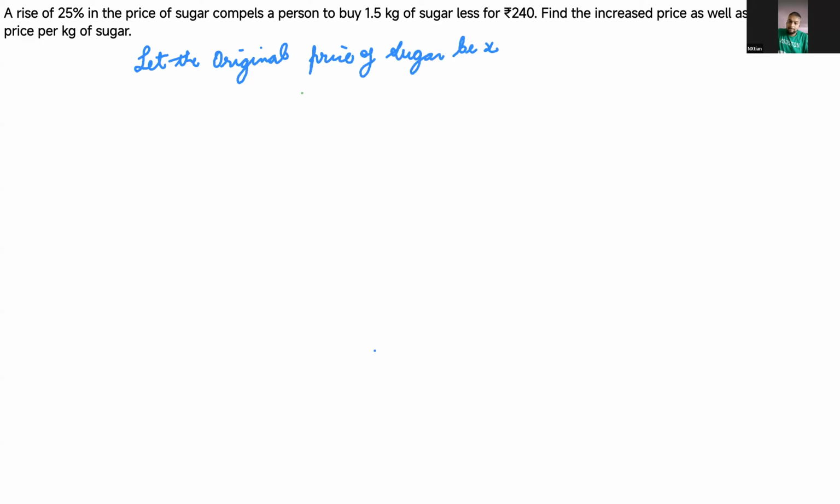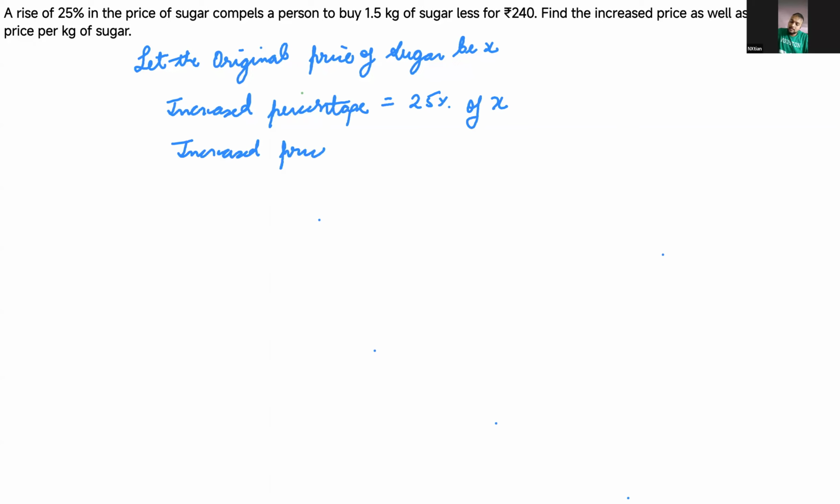Now the increased price. First of all, the increase percentage. How much does the rate increase? 25% of the original price. Yes or no, Hannah? So what is the increased price?